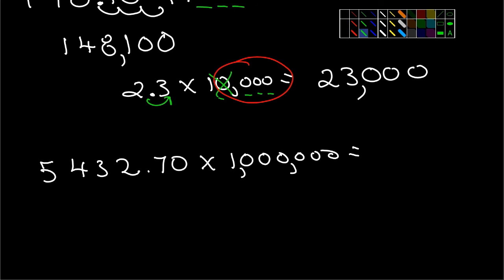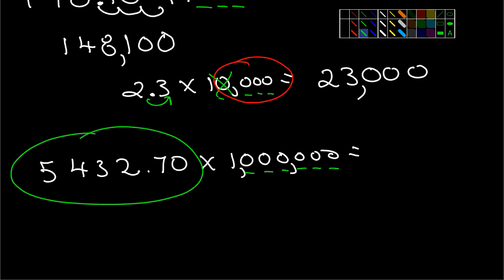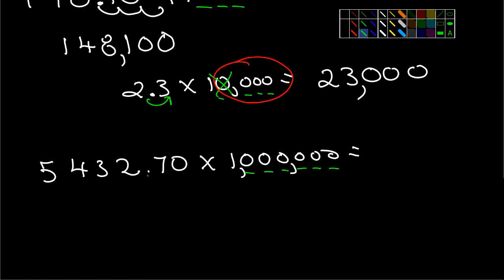Well, here's the first thing I want to ask you, Miss Noble. How many zeros do you see in a million? 1, 2, 3, 4, 5, 6. So that means how many places are we going to have to move the decimal? 6. So we have to move the decimal 6 places, but with this number we can move it twice.